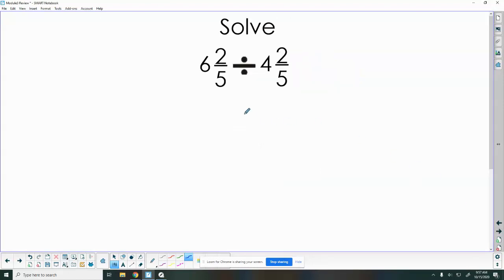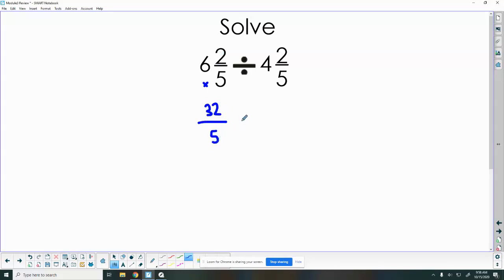So we're going to solve this problem here, 6 2/5 divided by 4 2/5. Now I cannot just divide as it is. We are not going to get the right answer if we do it that way. We need to see how many pieces we have and then put them into groups of these pieces. So I use an improper fraction, or a fraction greater than 1, to do that. 6 times 5 is 30, plus 2 is 32/5.